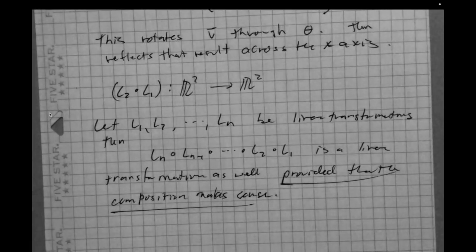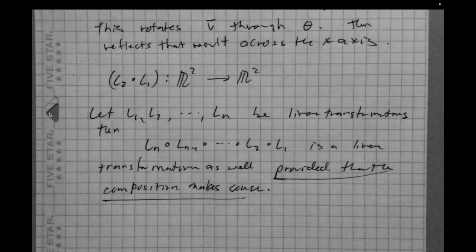So obviously that's important, okay? All right, okay. So we can compose an arbitrary number of linear transformations, provided the composition makes sense, then the composition is itself a linear transformation. Very nice. That's the kind of behavior you like to see.